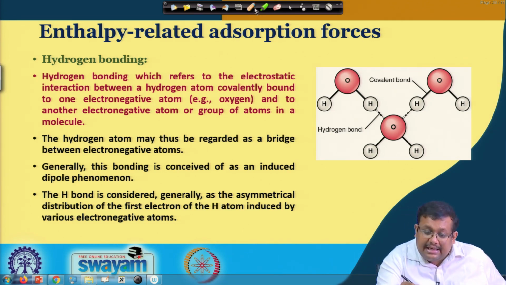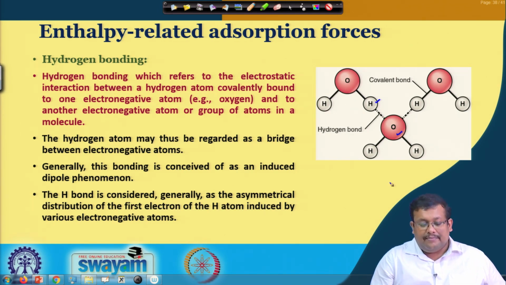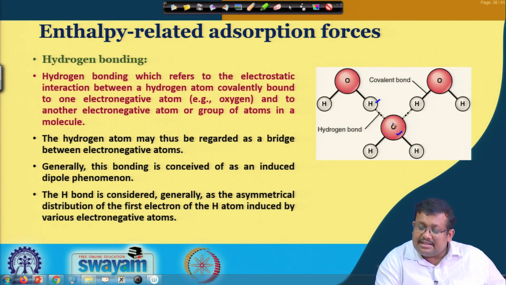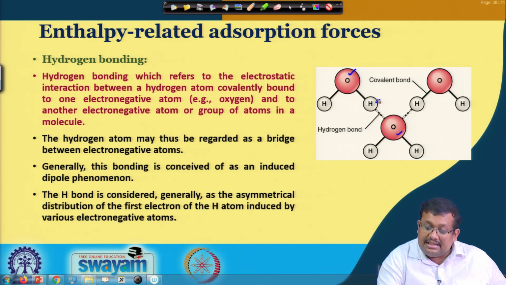Here you can see the hydrogen bonding occurring between this hydrogen atom and this electronegative oxygen atom. This hydrogen atom may thus be regarded as a bridge between electronegative atoms. Obviously, you can see this is an oxygen electronegative atom, and this is another electronegative oxygen, so this hydrogen is acting as a bridge between these two.